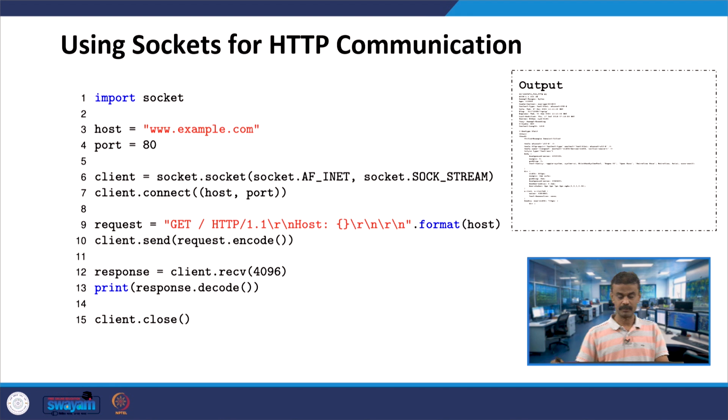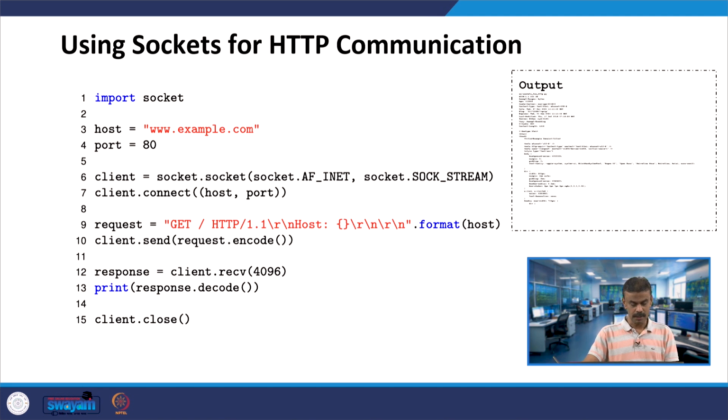Now we will see an example in Python, using sockets for HTTP communication. Let us import socket, and the host here is www.example.com. You can change it to whatever website you want.